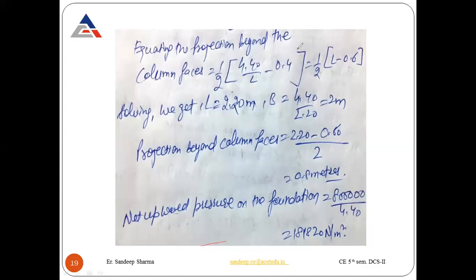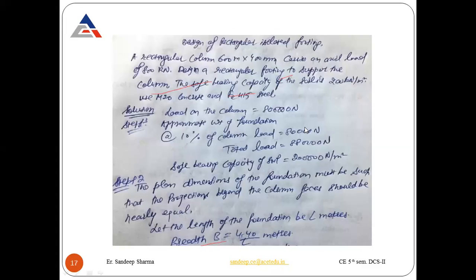So equating the projection beyond the column face, that is half of this side, the area of the footing we have, against that 4.40 divided by L minus 0.4. You can see this figure here.